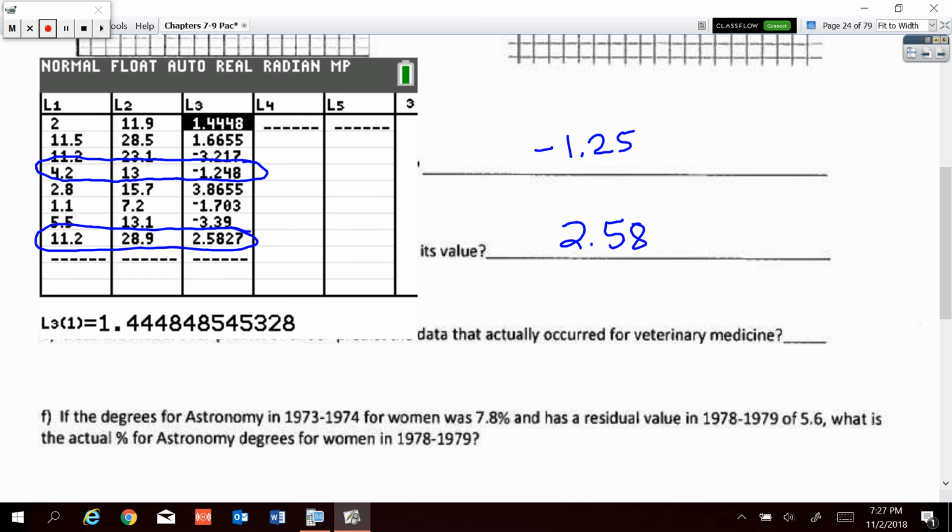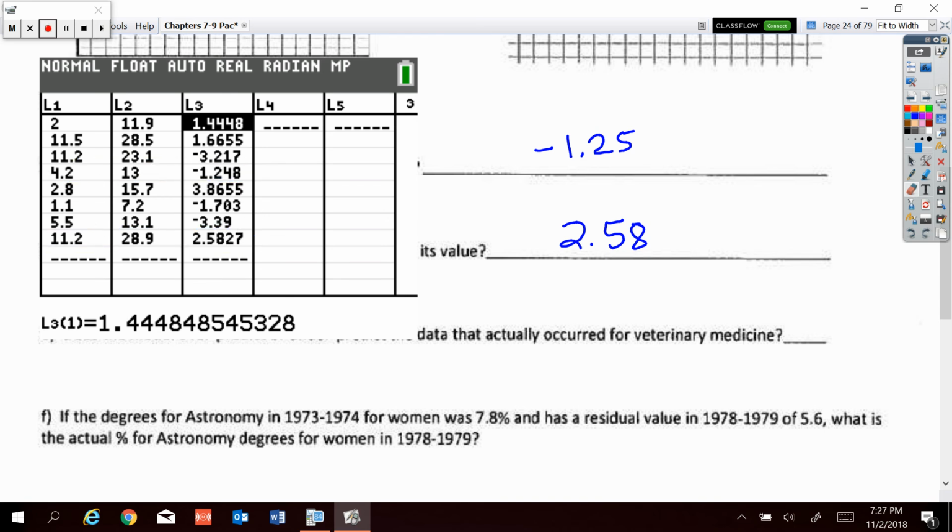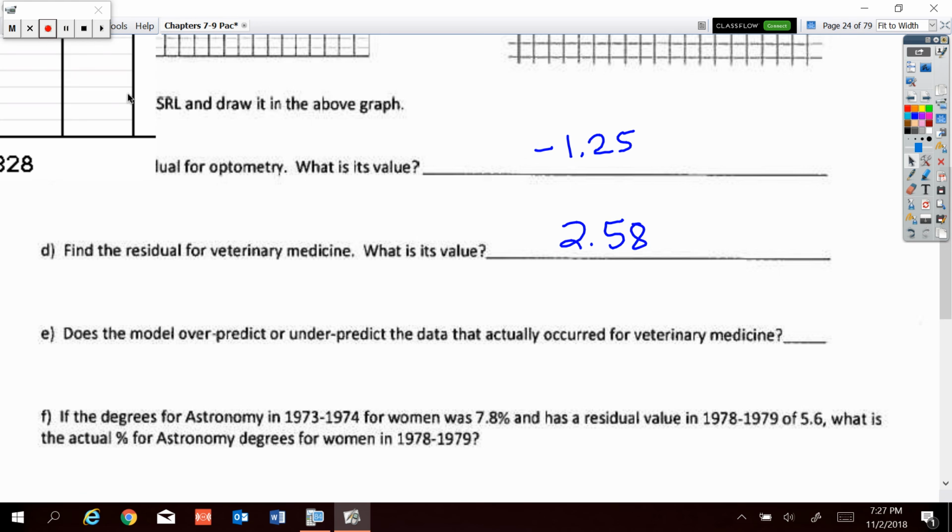All right, let's go on to our next question. It's a very important question because it makes sure that you understand what this residual plot is really telling us. Let's take a look at what it asks. This question says, does the model overpredict or underpredict the data that actually occurred for veterinarian medicine?